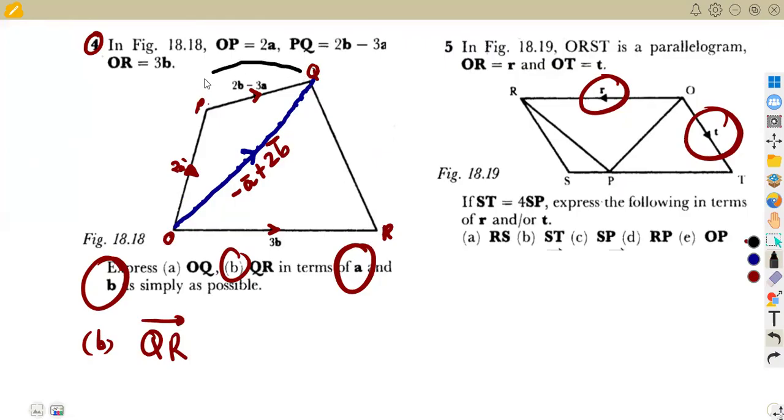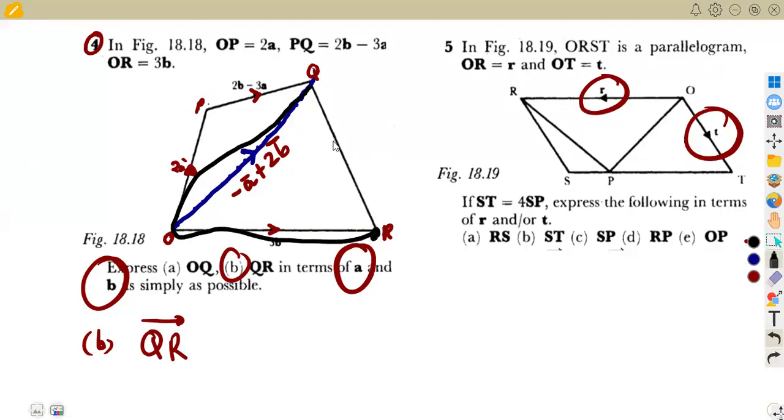We can move from Q to P, from P to O, from O to R, using the original information, using the exact values, or we can move this way from Q to O, then from O to R. It's another route. Take note.